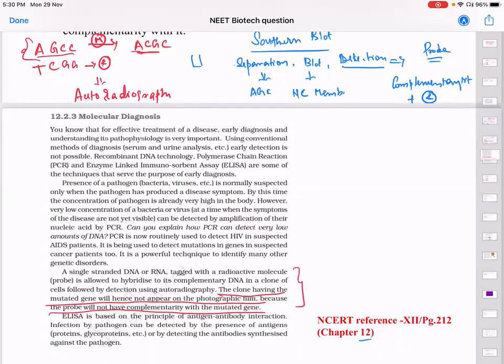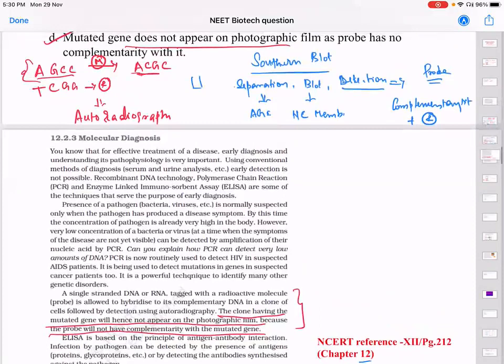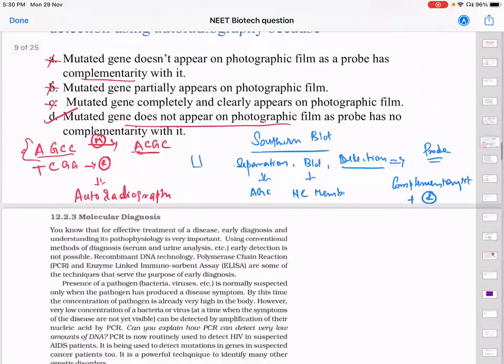This is the line highlighted in the above question. This is a direct question, like the first and second questions, a direct line from the NCERT, and the concept of this line we have discussed in a very brief manner. So I think we are done with this question 4, and next is 5th.